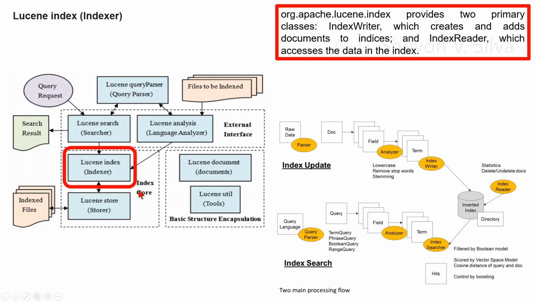org.apache.lucene.index provides two primary classes: IndexWriter, which creates and adds documents to indices, and IndexReader, which accesses the data in the index. Here you can see two main processing flows: index update and index search.